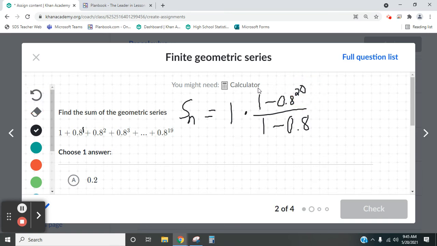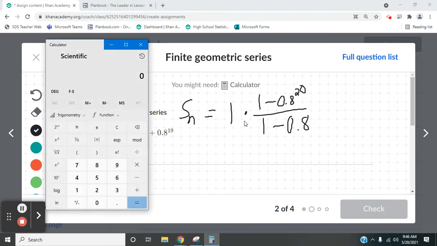So we're going to do this the same way we did the other day. Make sure if R is negative, you use parentheses around it. You don't need to now, though, because it's a positive number. But let's go ahead and compute this. We're multiplying by 1, so I won't do that like I normally did, right? I'll do that last if it was, but not in this case. So let's do 1 minus 0.8 to the 20th.